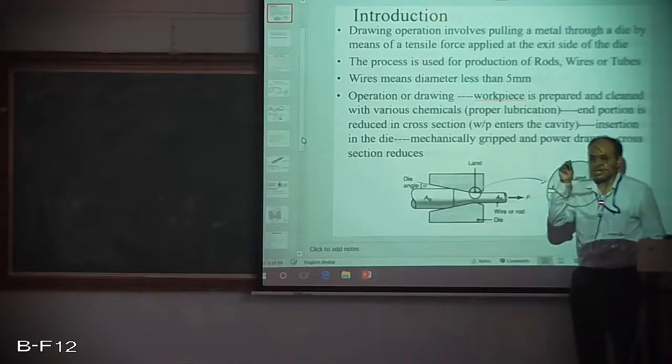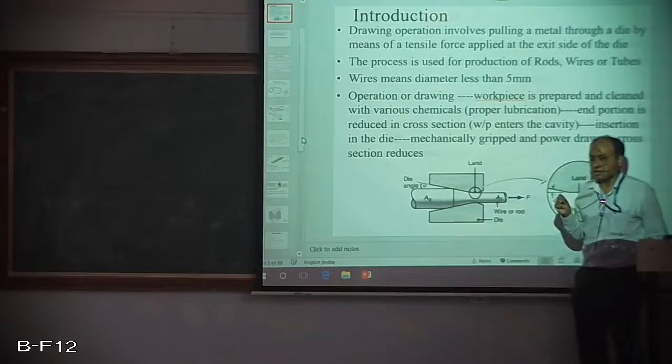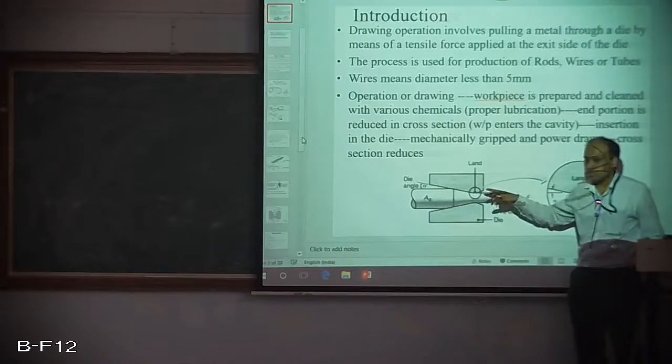One side residual stresses will be more, another side residual stresses will be less. So that will lead to some kind of galvanic corrosion. A galvanic cell is established, and it will lead to corrosion, deterioration of the material, and that is called stress corrosion cracking. The material will fail because of this phenomenon.